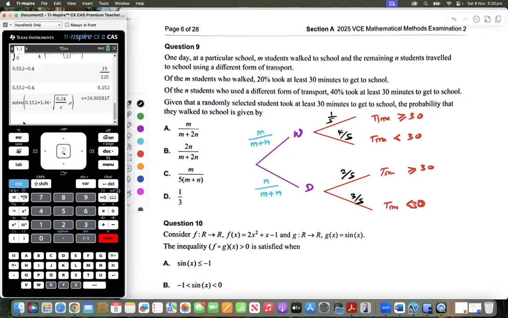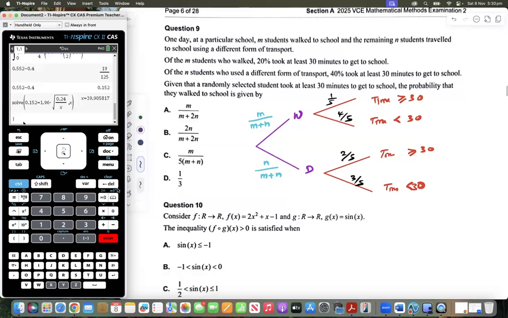What's the question now? Given that a randomly selected student took at least 30 minutes to get to school, it's a given that, which is a conditional probability question. Given that time is greater than or equal to 30, what's the probability that they walk to school? Okay, this is the question.